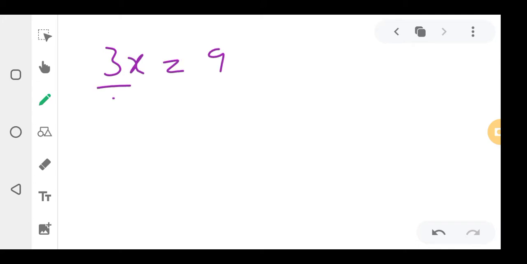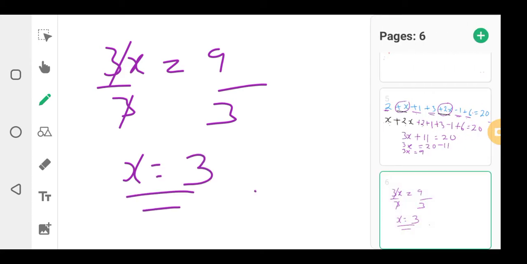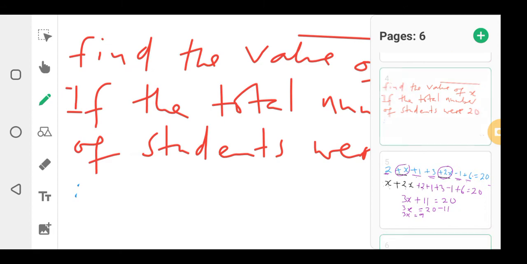You divide by 3, x is equal to 3. That is question 1, find the value of x.